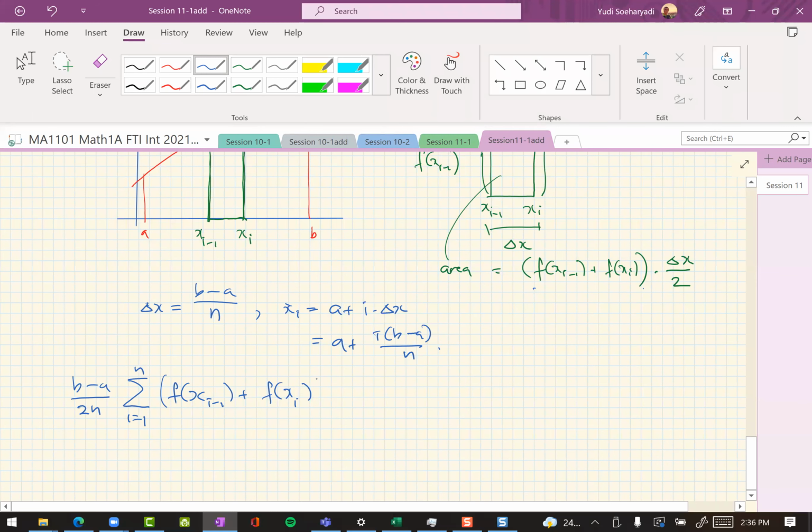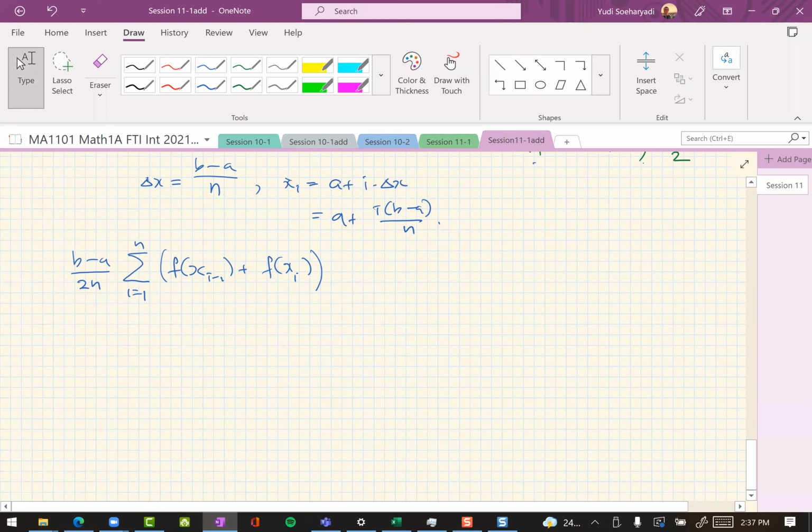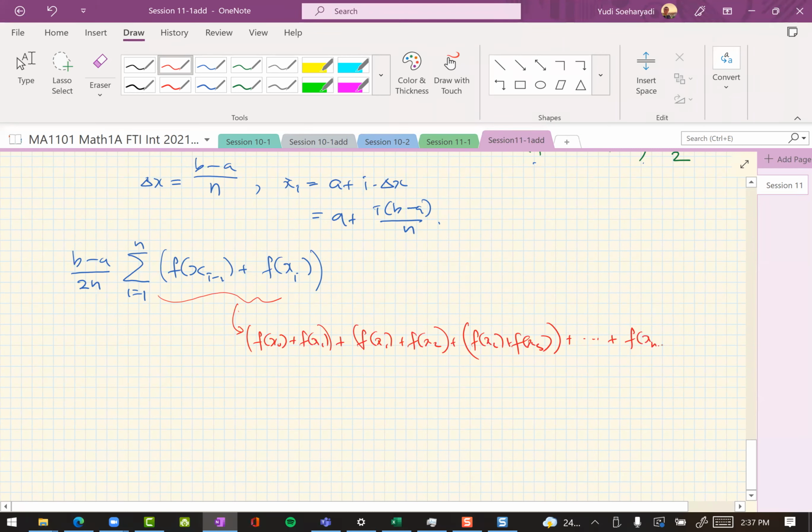All right, when you compute this one, it's like a telescoping thing, because first you have f(x0) plus f(x1), and then f(x1) plus f(x2), then f(x2), f(x3), and in the end you have f(x_{n-1}) plus f(x_n).